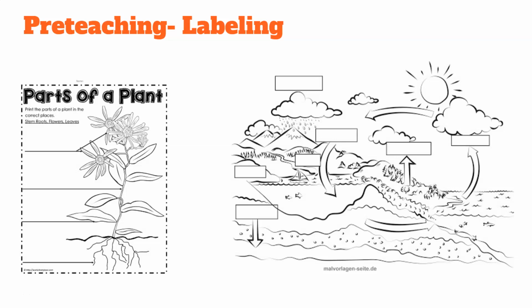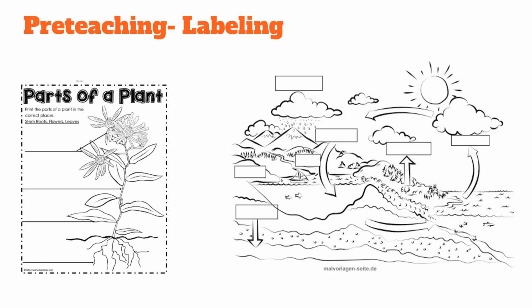So I would start off a lesson with maybe having students label the parts of a plant. I'm doing several things at this point. That would be building their background knowledge. So I would be seeing what do they already know about plants and what are their misconceptions about plants. Students may not be able to differentiate between a leaf and a petal of a flower.